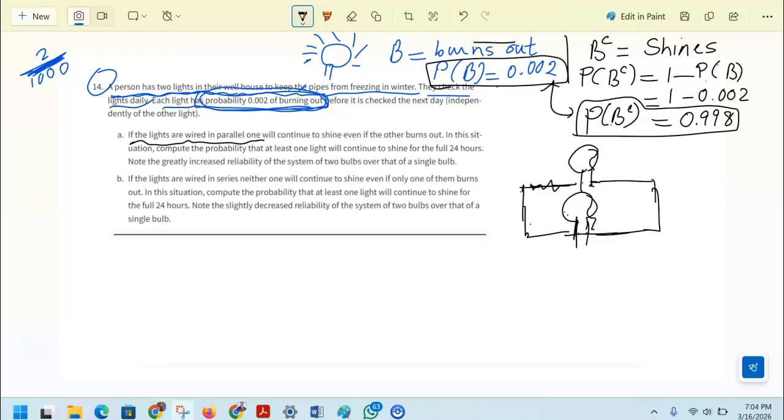This is the wire, and then they are connected to the switch, positive to negative.